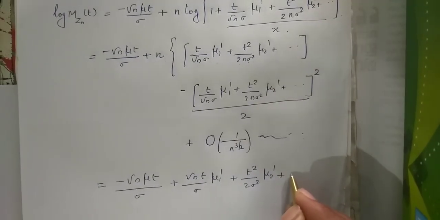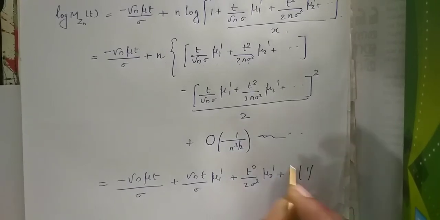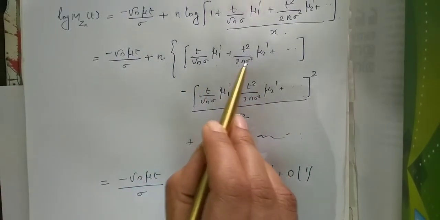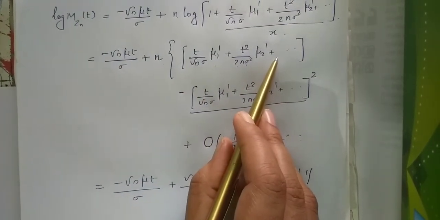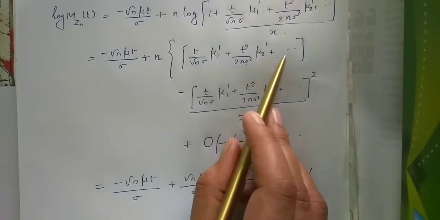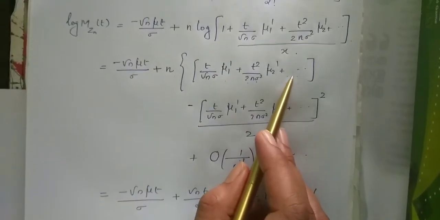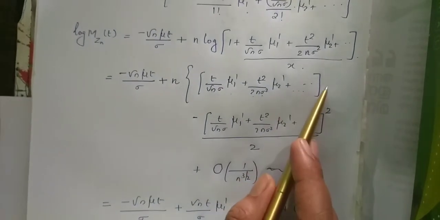plus here the other terms are order of 1 by root n. The next term is n raised to 3 by 2, or n root n, and this n will cancel, then 1 by root n will be here. If you substitute n tends to infinity, the term will vanish.